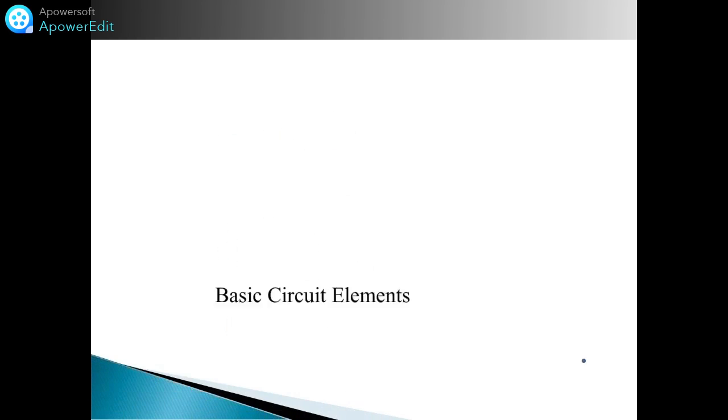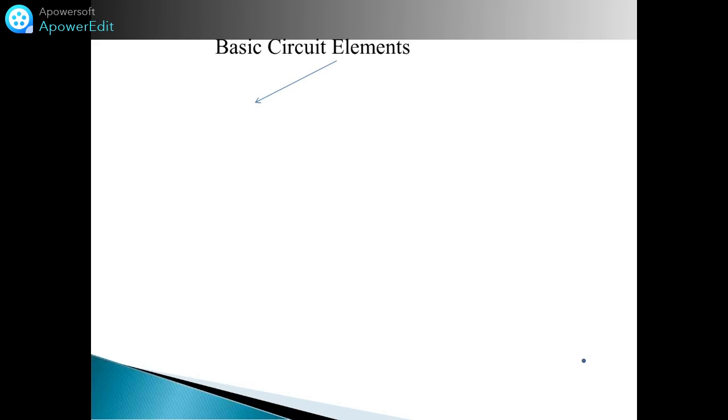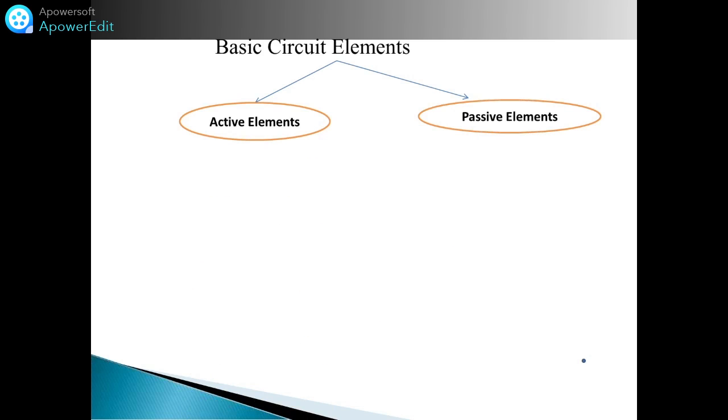So now let us discuss the basic circuit elements. What are the elements we need to learn to master basic electrical engineering? Now we are seeing the classification of the entire elements. The first one is active elements. The second is passive elements. What do we mean by active elements?